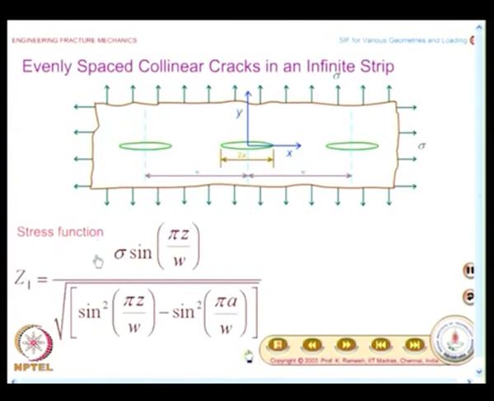And Westergaard in 1939 itself, in his original paper, had obtained and reported this stress function. This is meant for evenly spaced collinear cracks in an infinite strip. See, for the first look of it, what do you get? In which class of problems are we going to get evenly spaced cracks?